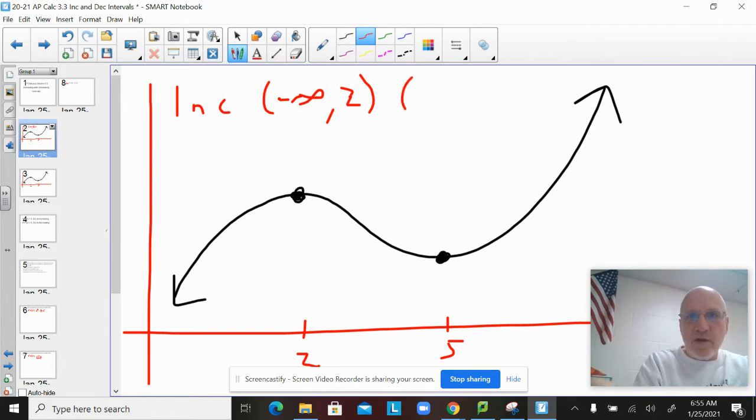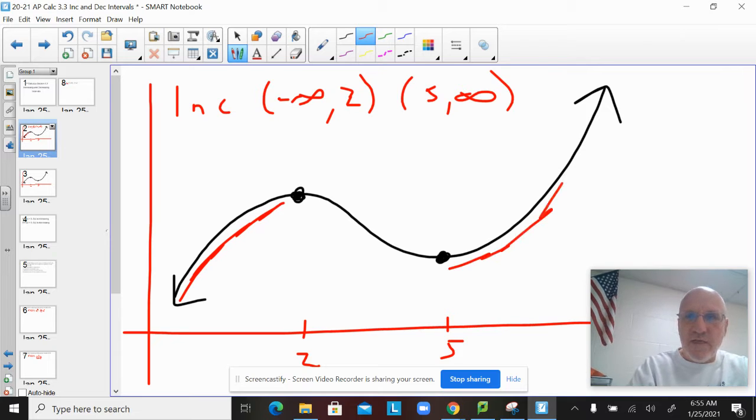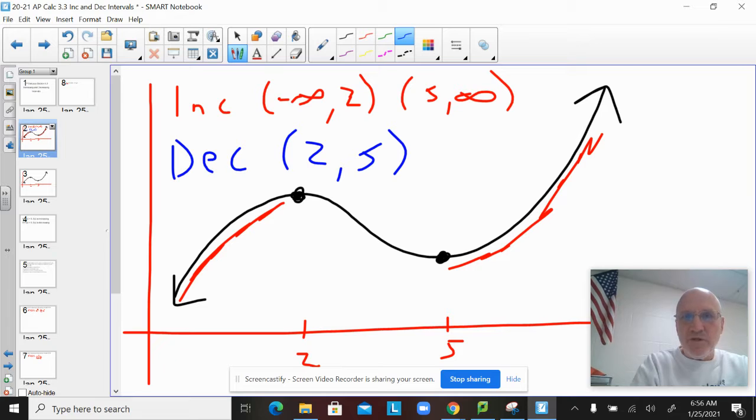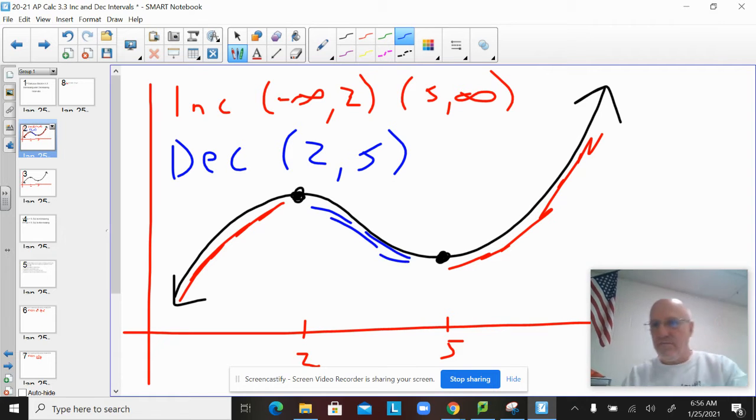And it's also increasing from 5 to infinity. Remember, we're talking about x values. So this function is increasing on that interval and increasing on that interval. And then this particular function is decreasing on the interval from 2 to 5, which would be this interval there.